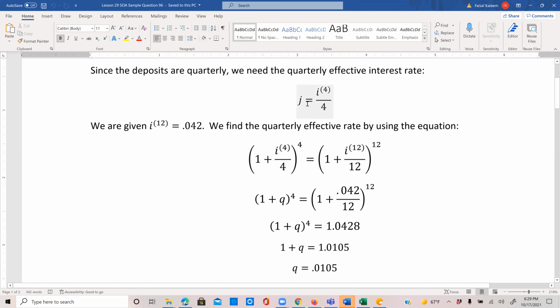Here we're calling it Q. So 1 plus Q power 4 equals 1 plus 0.042 by 12 power 12. This evaluates to 1.0428. Then we take the 4th root and subtract 1. So Q comes out to be 0.0105. That's the quarterly effective rate.